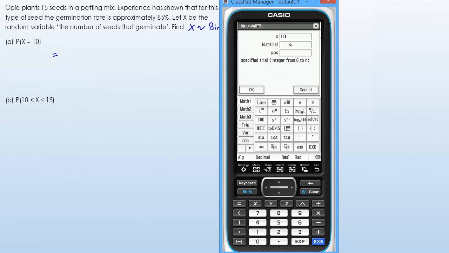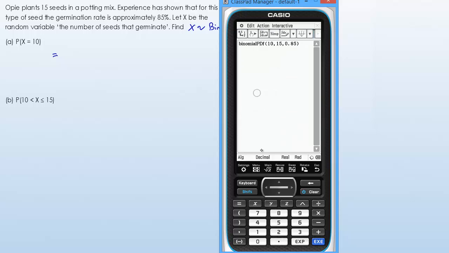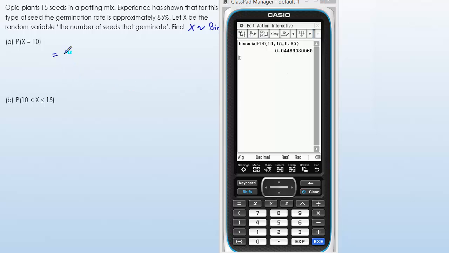We want 10. There were 15 trials because he's potted 15 seeds, and the probability of success was 0.85. Okay, so that's 0.0449. Correct to 4 decimal places.